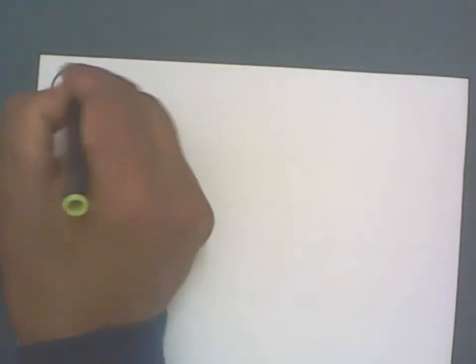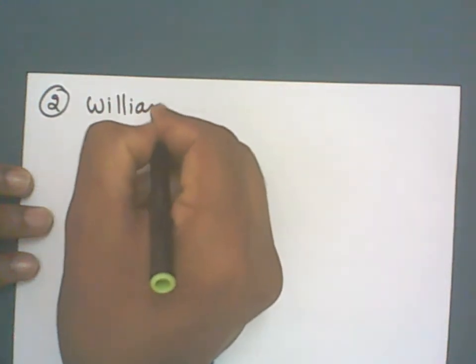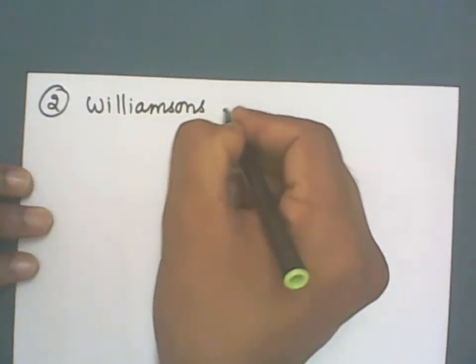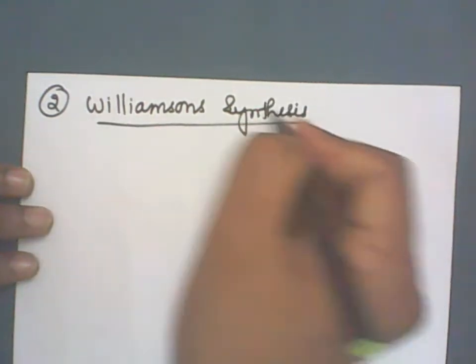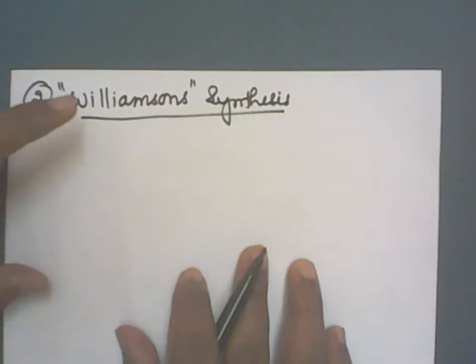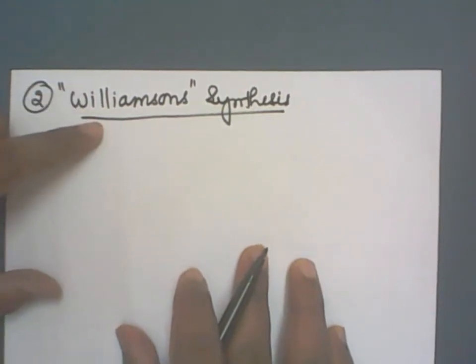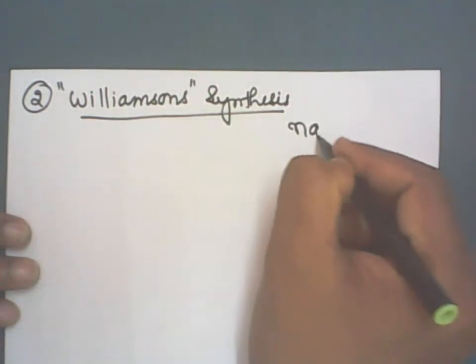So we'll go for the second method. What is the second method we are going to do? Second method is called the Williamson synthesis. Now what is this Williamson? Williamson is the name of the scientist. Whenever the name of a scientist comes, such reactions are called named reactions.